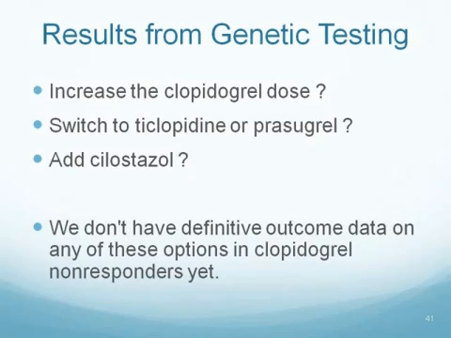There are some data on other antiplatelet agents, but there's really very little data, and there's nothing in the guidelines to suggest that. So at this point in time, we really don't have definitive outcome data on any of these options in patients who are determined to be non-responders or clopidogrel resistant patients.